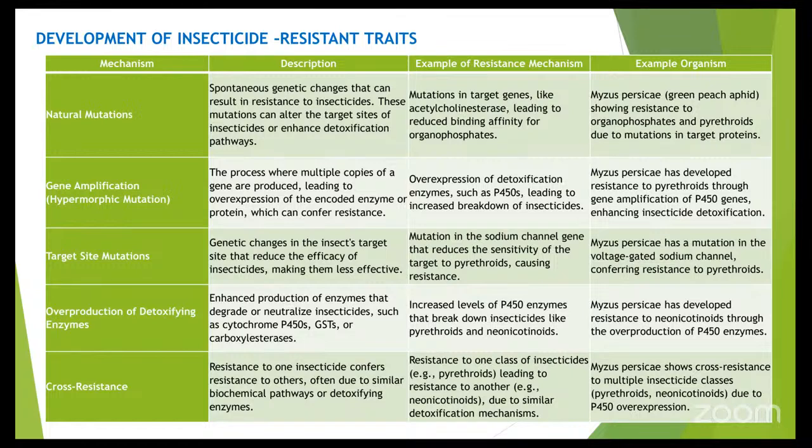An example is Myzus persicae, the green peach aphid, showing resistance to organophosphates and pyrethroids due to mutations in target proteins. And the other mechanism is gene amplification or hypomorphic mutation.